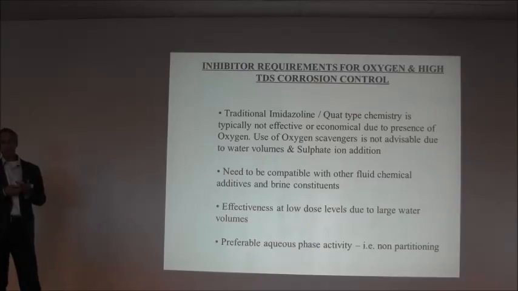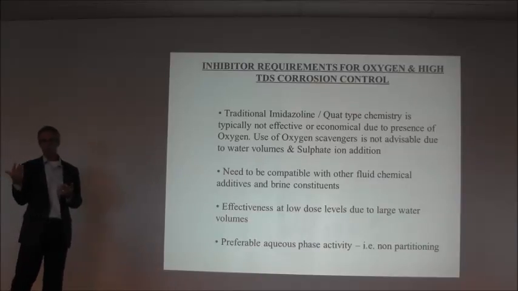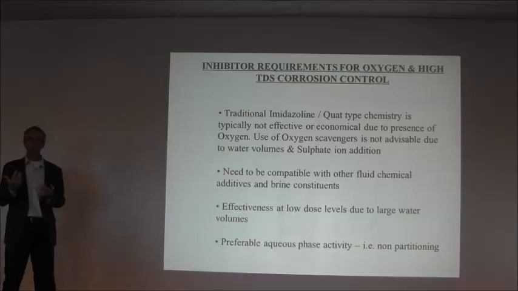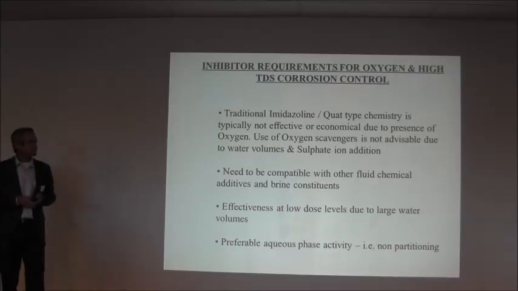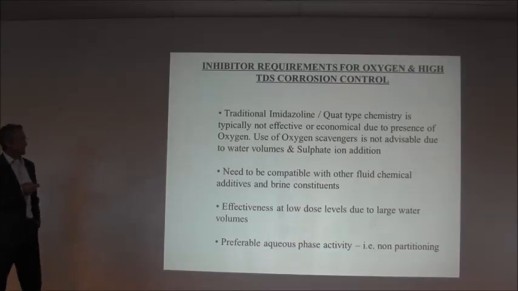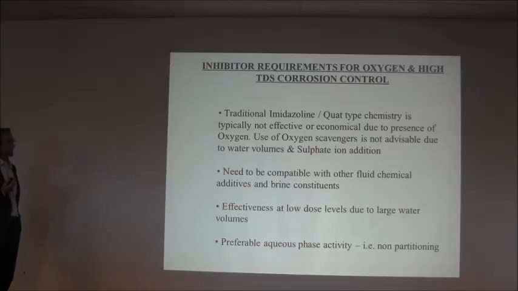And when I spoke earlier of the example of the scale inhibitor winning out on its compatibility, that was one of the key features of that product, was that it was compatible with the cationic corrosion inhibitor at very high concentrations. So keeping the chemistry compatibility and also the brine constituents.